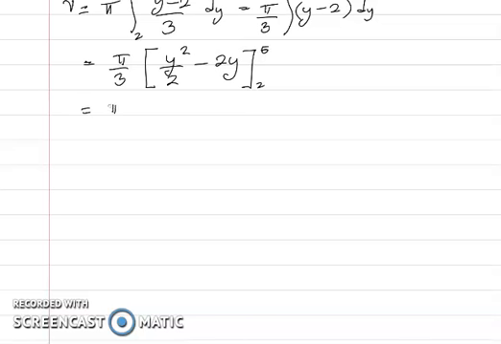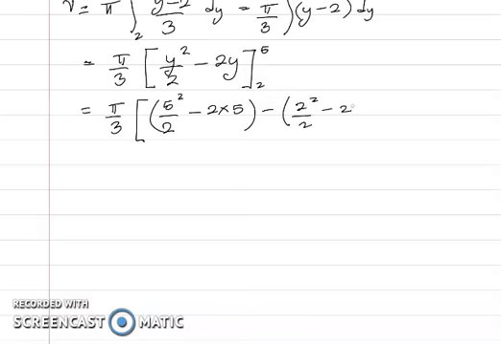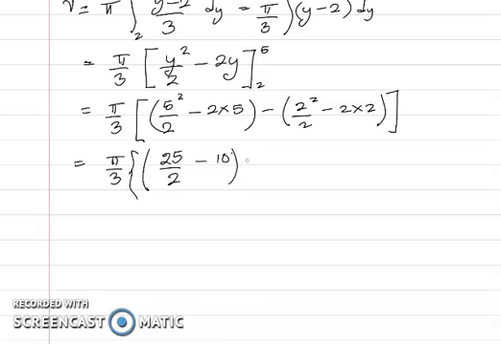We have pi over 3, and we have 5 squared over 2 minus 2 times 5 minus 2 squared over 2 minus 2 times 2. All right, and let's try and work this out quickly. This is pi over 3. We have 25 over 2 minus 10. Over here we have 4 over 2 minus 4.